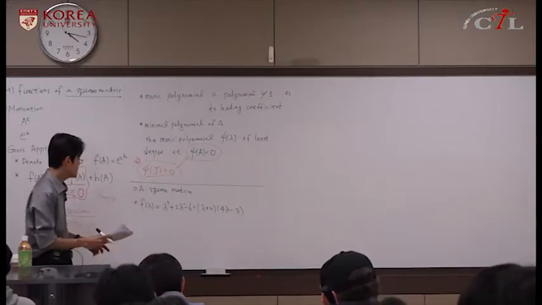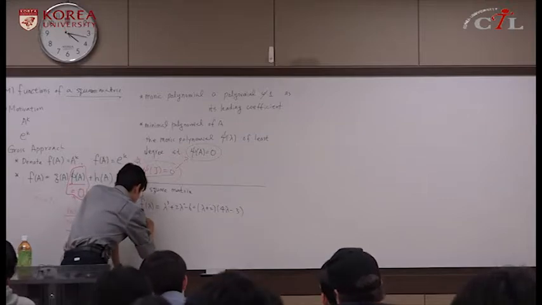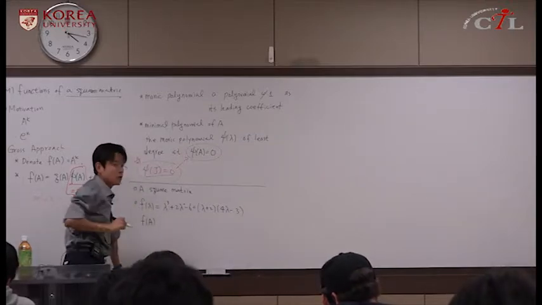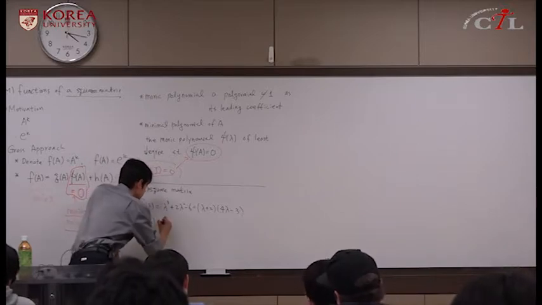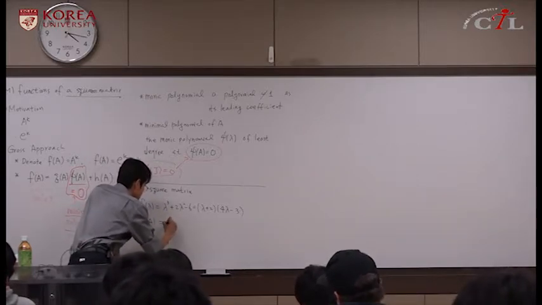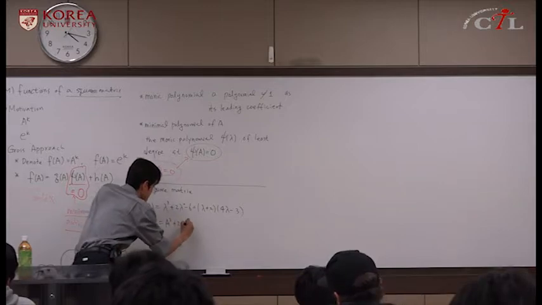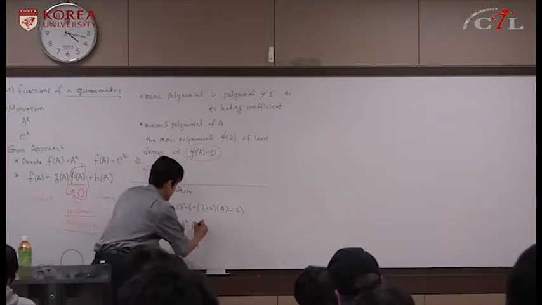Given this kind of polynomial, let's define its matrix version. Its matrix version is basically the same, but instead of lambda, we put the matrix.